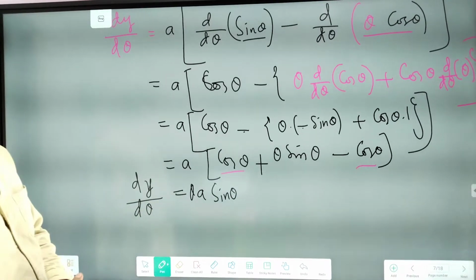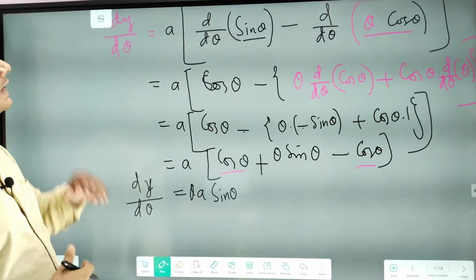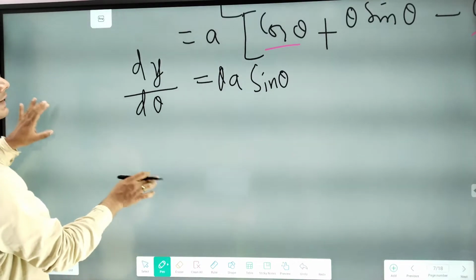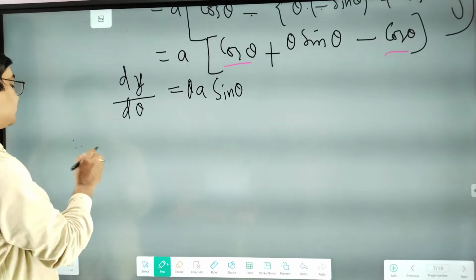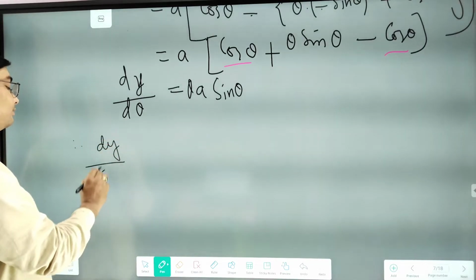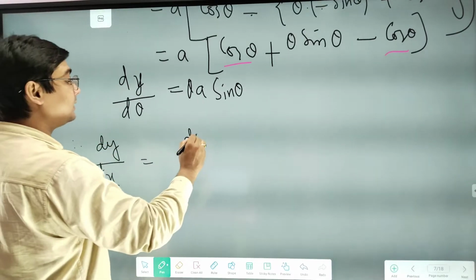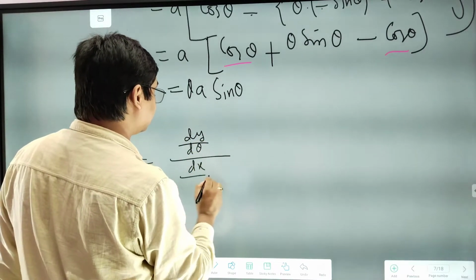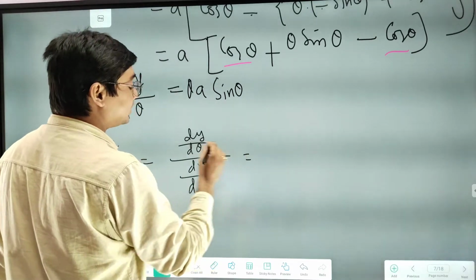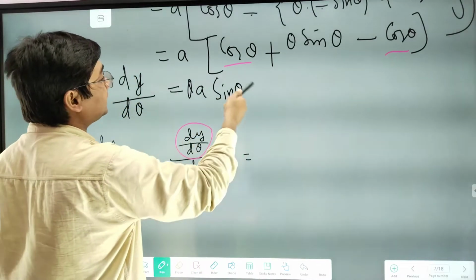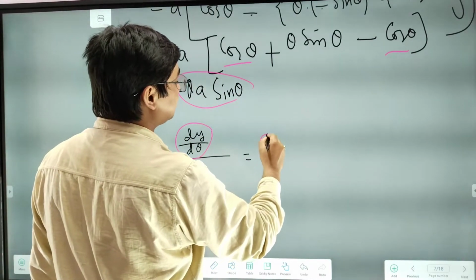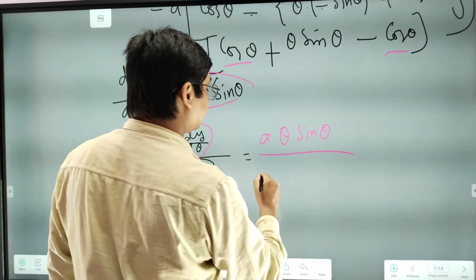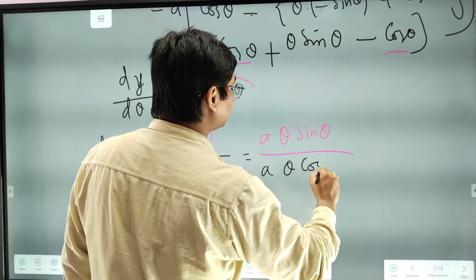So now we have the value of dy by d theta as well as dx by d theta. So what is the value of dy by dx, guys? Therefore dy by dx is dy by d theta divided by dx by d theta. You put the value of dy by d theta, this is a theta sin theta, and dx by d theta is a theta cos theta.